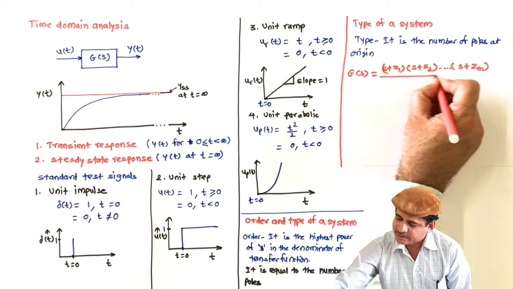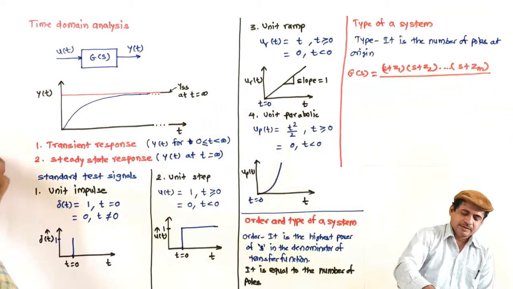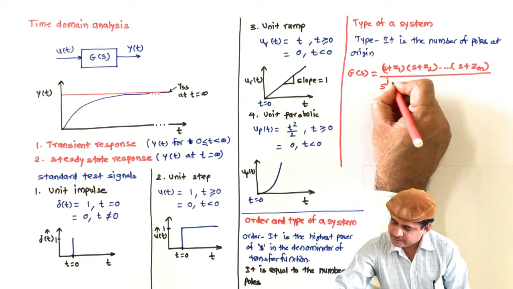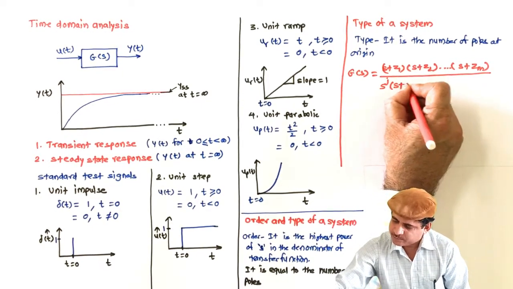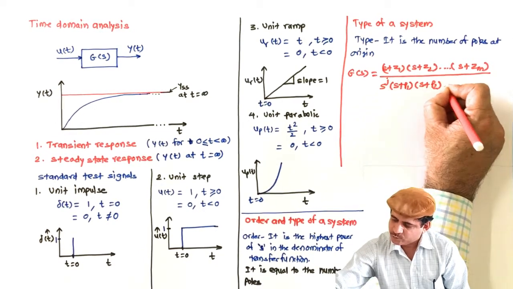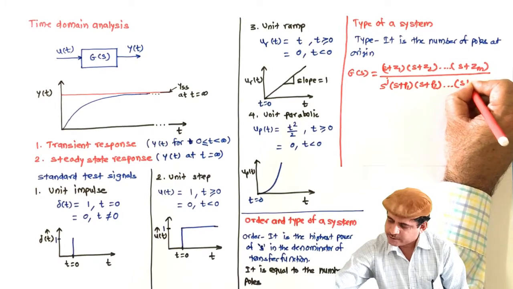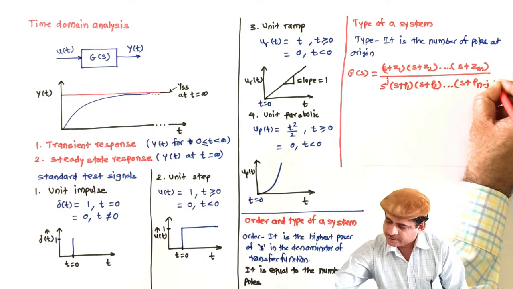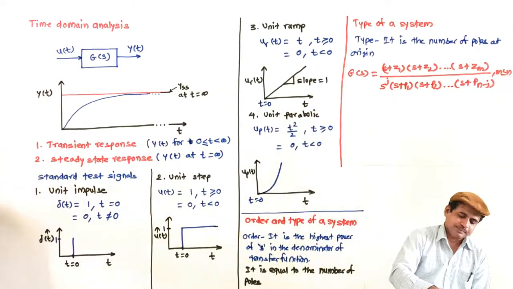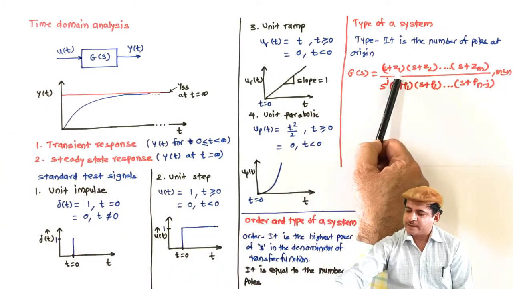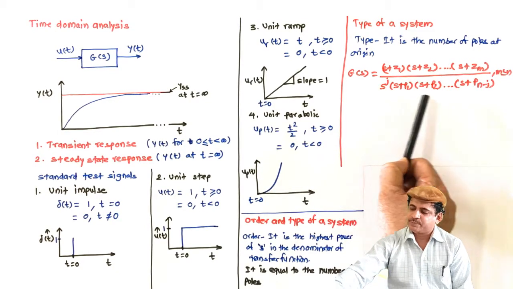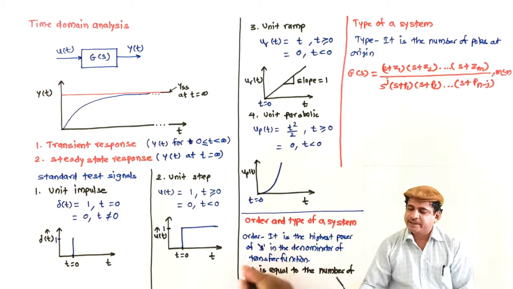Purposely I am writing it in the pole-zero format, divided by, say, s raised to j into s plus p1 into s plus p2 so on up to s plus p(n minus j), where m shall be less than or equal to n, and the zeros are at minus z1, minus z2 up to minus zm, and poles are at minus p1, minus p2 up to minus p(n minus j).